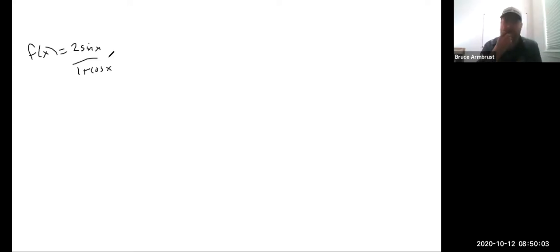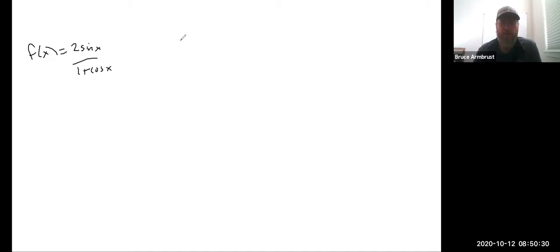Again, this suggests that we use the quotient rule, right? We've got one function being divided by another. And we can't pull that same trick where we split it apart, because there's addition on the bottom. There might be a way to use some sort of identity to change it, but I think that's probably going to be more work than just diving into the quotient rule. So how about we just do the quotient rule?